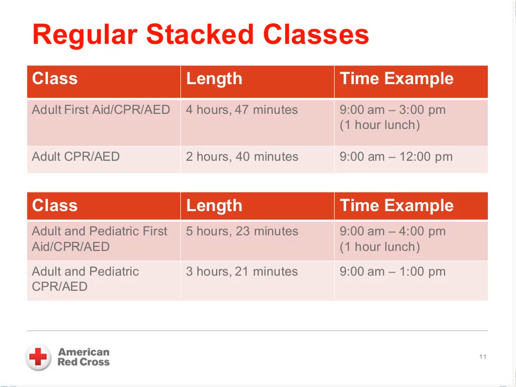And then inside that one, we're going to stack Adult and Pediatric CPR AED only. It would be 3 hours and 21 minutes, and that should run from 9 a.m. to 1 p.m. In the first example, we have the adult-only first aid CPR AED, which is almost 5 hours with a 1-hour lunch, and into that one we added the adult CPR and AED.